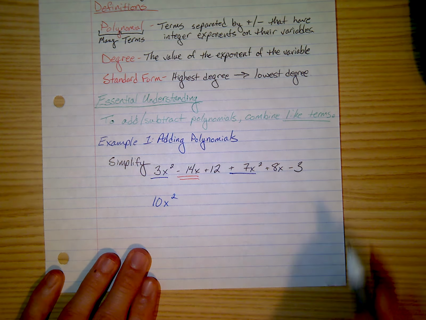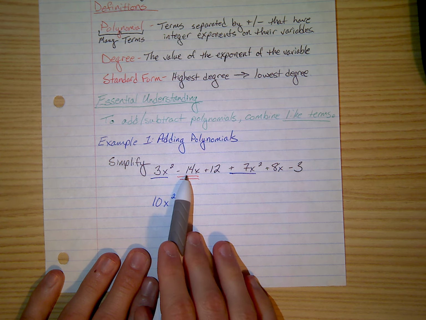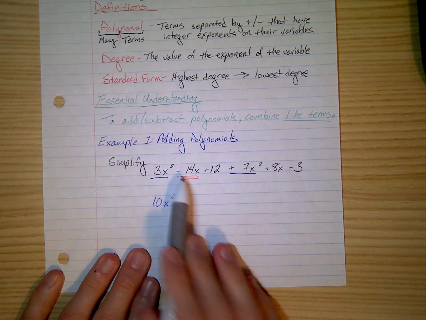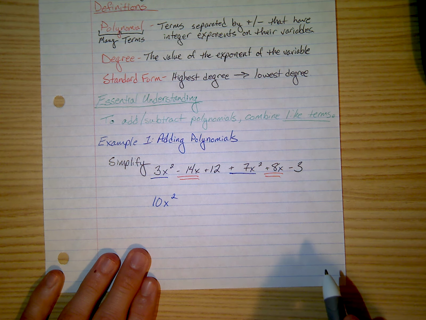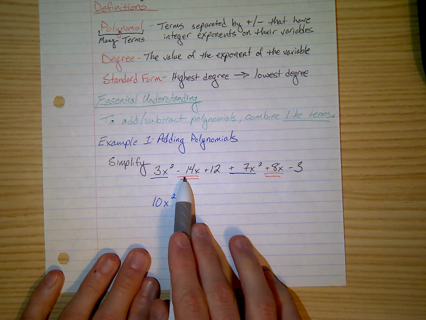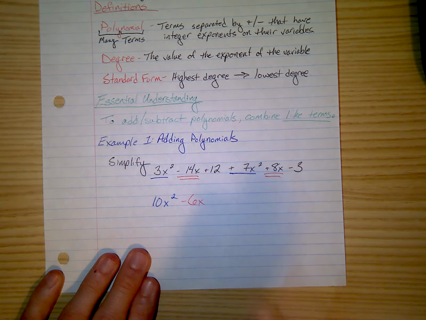Moving on to your next term, you have a negative 14x. Again, I underline the negative because this 14 is a negative, not a positive. The other term with the same variable raised to the same exponent would be 8x. So negative 14 and positive 8 make negative 6x. You just add the coefficients and leave the variables alone.